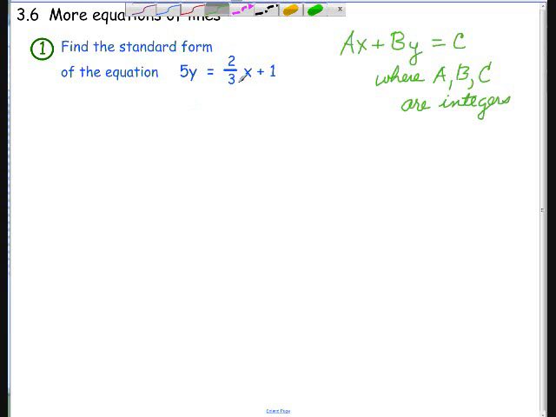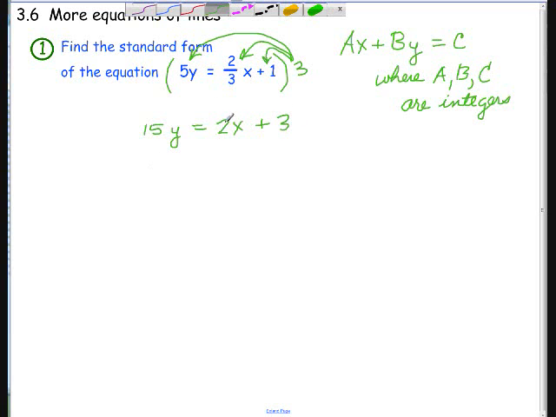Well, this isn't an integer, but we know how to clear a fraction. We've been studying that. If I multiply this whole thing by 3, I should be in good shape. So I'm going to distribute to every term both sides. This will make this 15y equals, now 3 times 2/3, I'll end up with 2x plus 3.